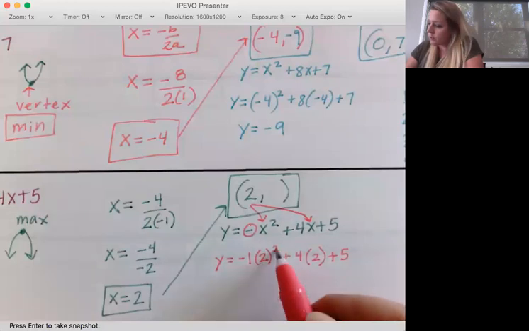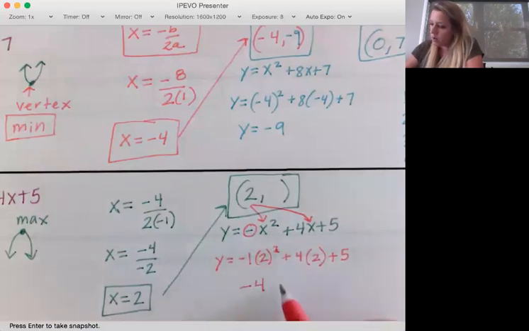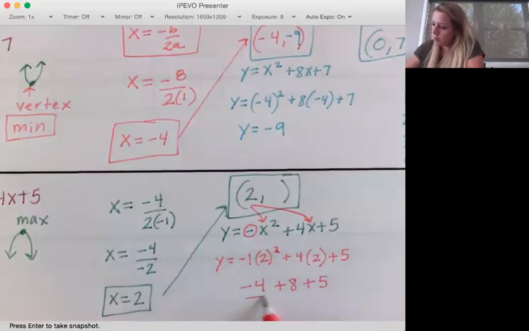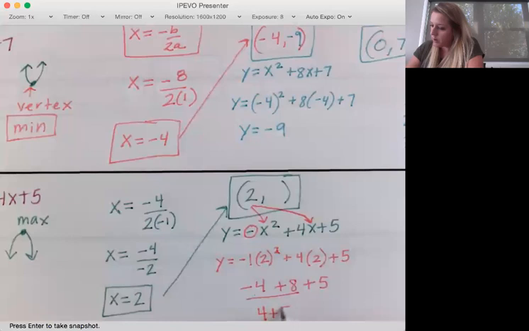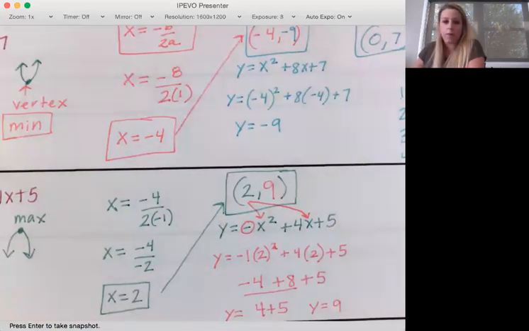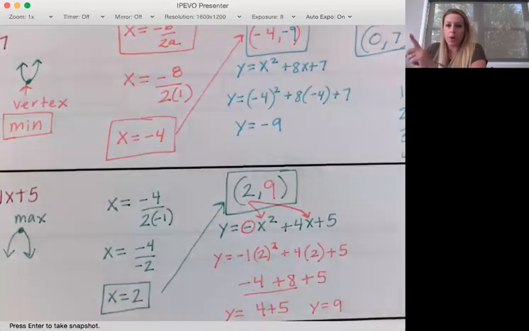So 2 squared is 4, times -1 becomes -4, plus 8 plus 5. If I bring these two together, -4 plus 8 is +4, plus 5. So we get a y value of 9, and our starting point is going to be (2, 9), okay?